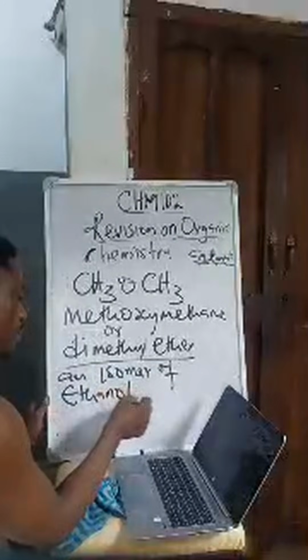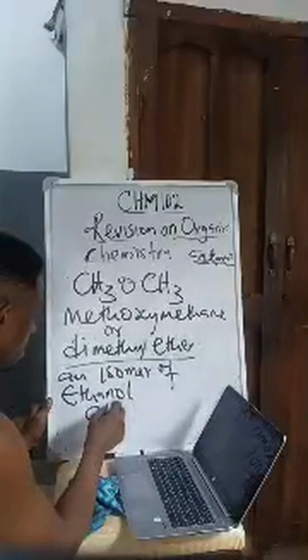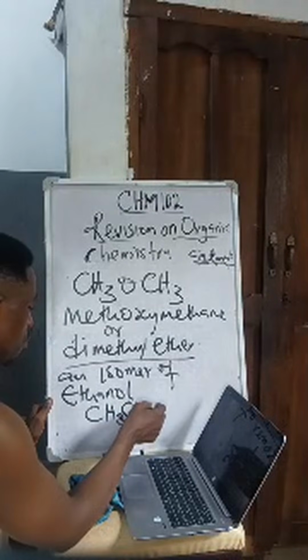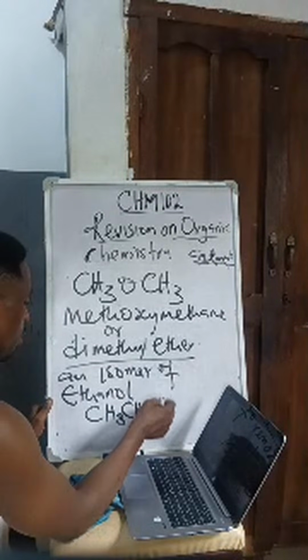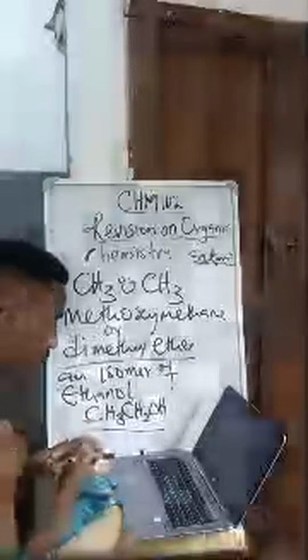This is an isomer of ethanol. And ethanol is CH3CH2OH. So this is ethanol.